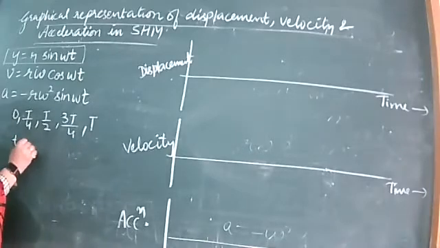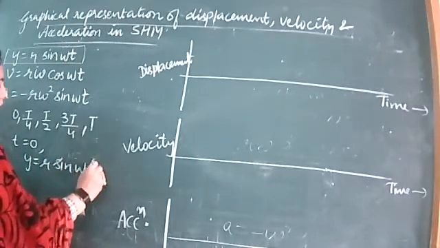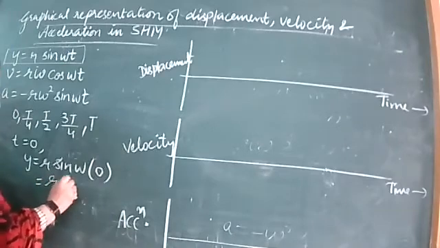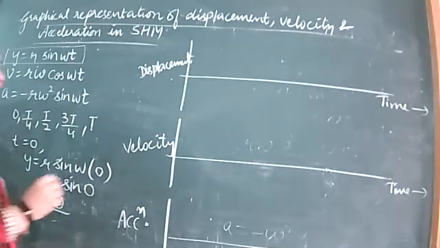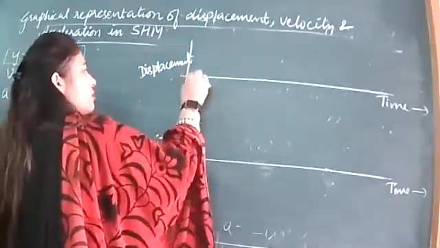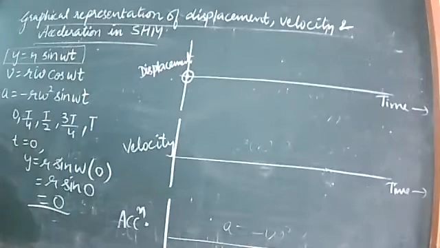Y is equal to r sin omega t. T is 0, so it becomes r sin 0. Sin 0 is 0. So for t equal to 0, we have our first point: displacement is 0. For t equal to 0, y is also 0.